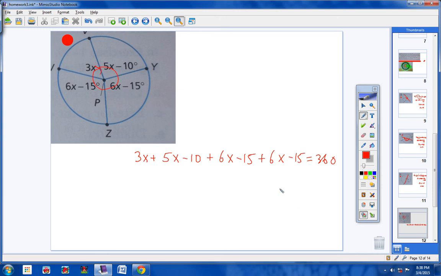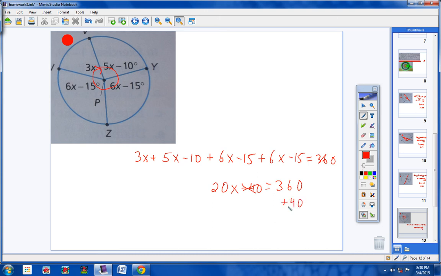Well, let's see. My right side is already simplified. Here's my x terms. 3 plus 5 is 8, plus 6 is 14, plus 6 is 20. So 20x. Now add up your constant terms. Negative 10, negative 15, negative 15, that's negative 40. Now bring the negative 40 over, and it becomes a positive 40.